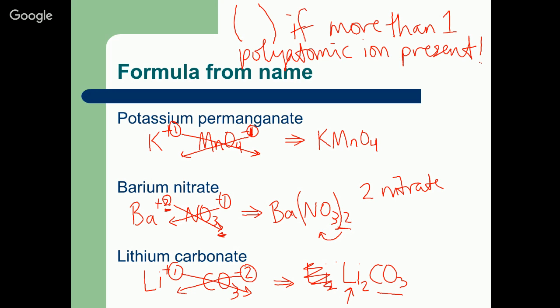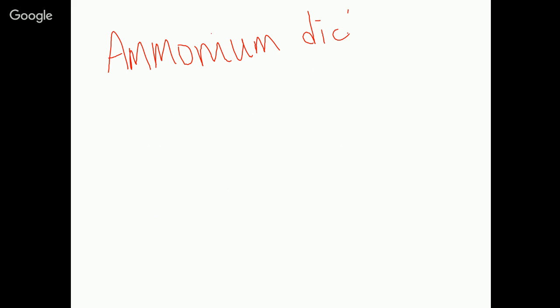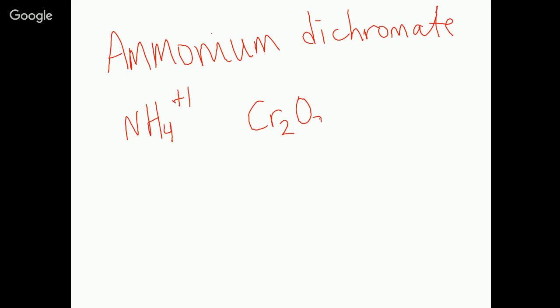Let's look at one more example, and then I'll let you get to it. Say we have the name ammonium dichromate. Ammonium is NH4+, a polyatomic ion, and dichromate is Cr2O7 with a -2 charge.